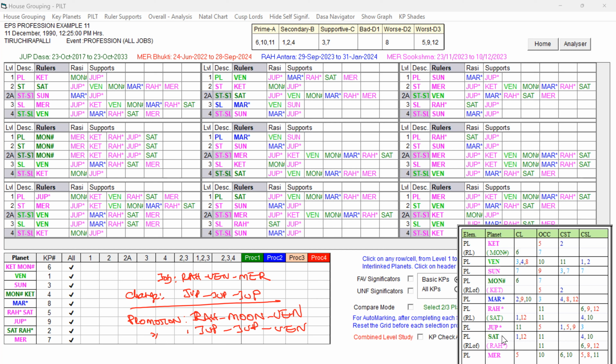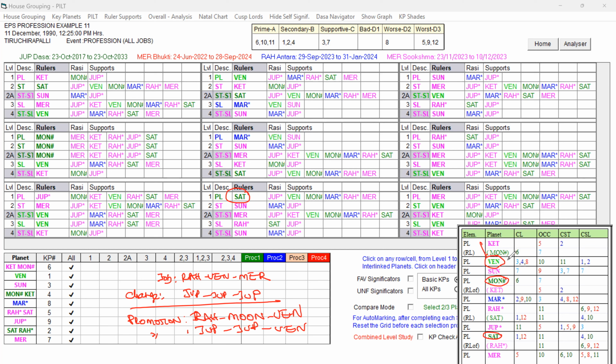We already discussed that Saturn is the 10th cuspal sublord. Saturn is a green color planet. Which are the favorable key planets? Green color Saturn, Moon, and Venus, importantly.